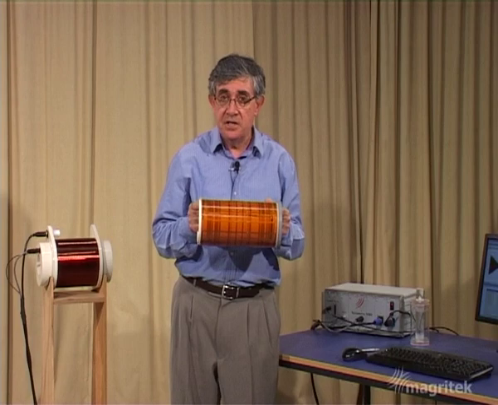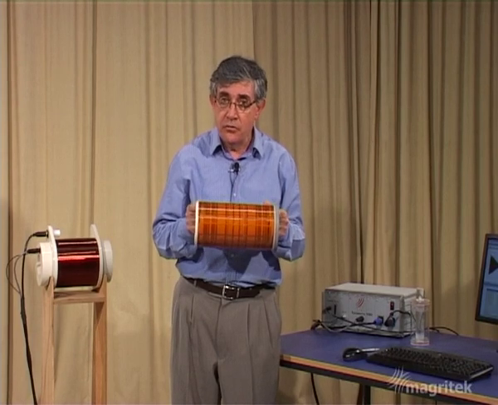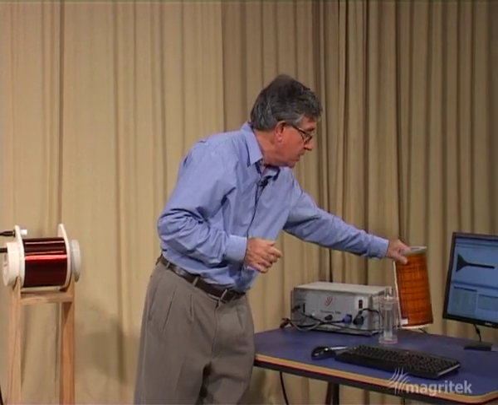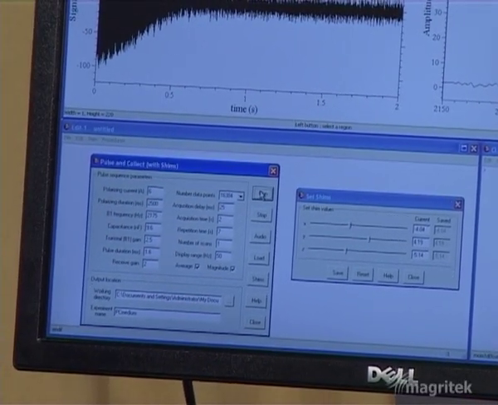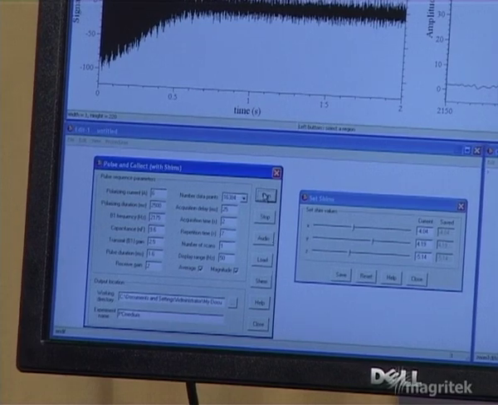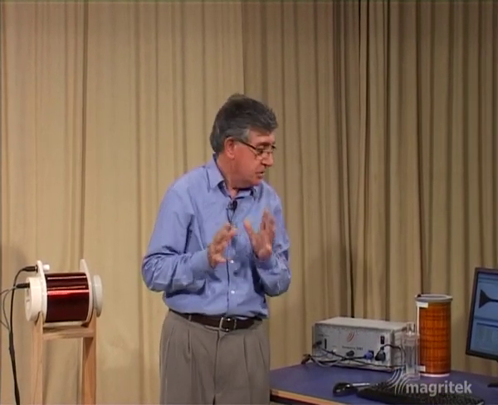And the Terranova is set up to do that through the software. We have these little slider bars here that enable us to adjust the currents. And I've previously set up the currents to produce just the best homogeneity we can with this apparatus. And I'm going to reset the current settings to those values.